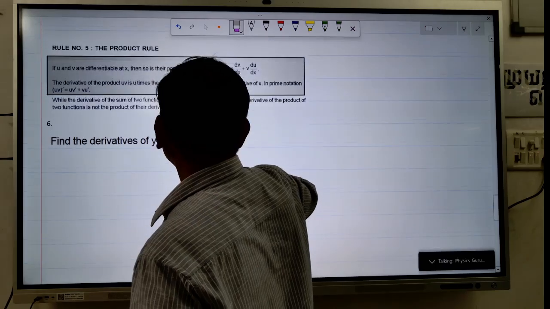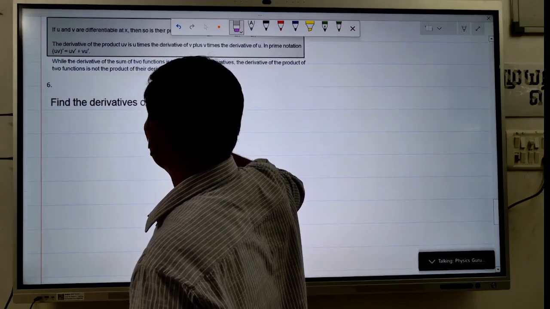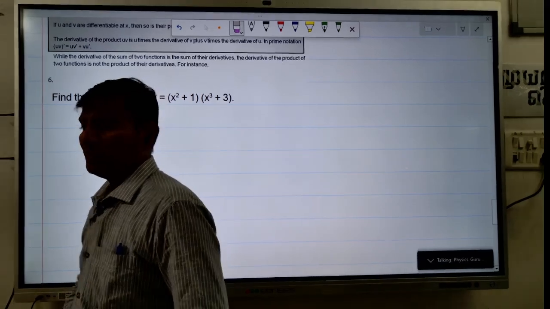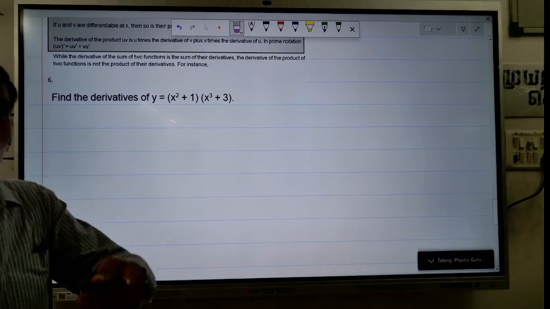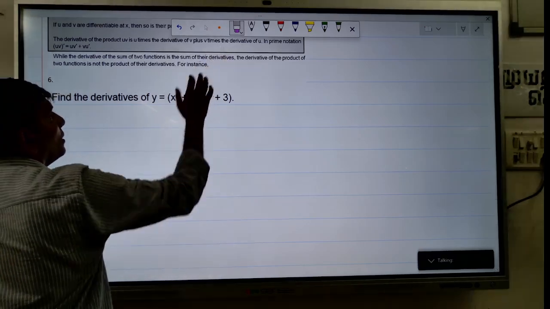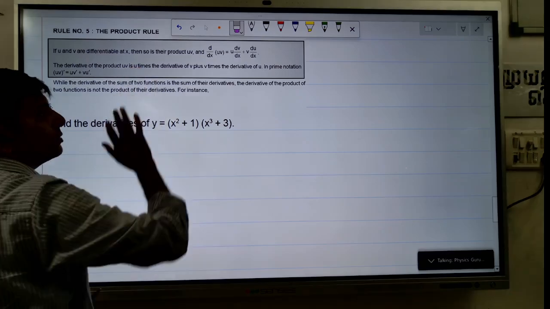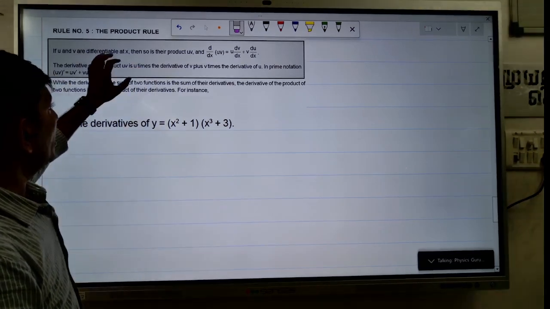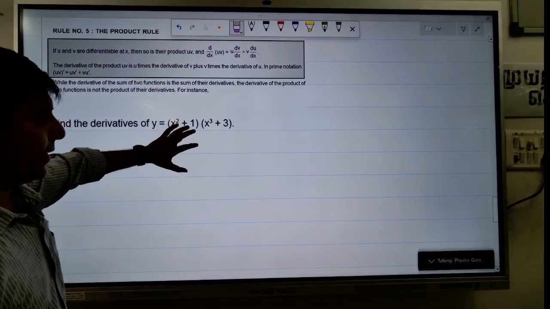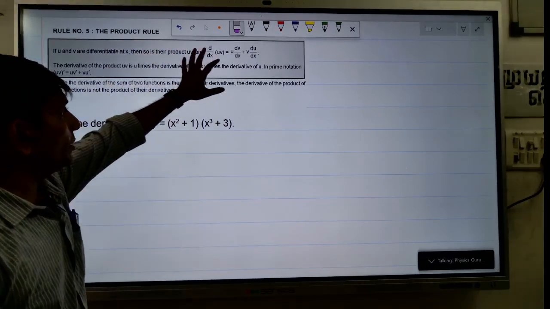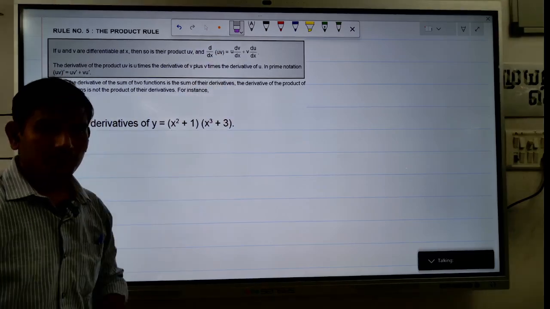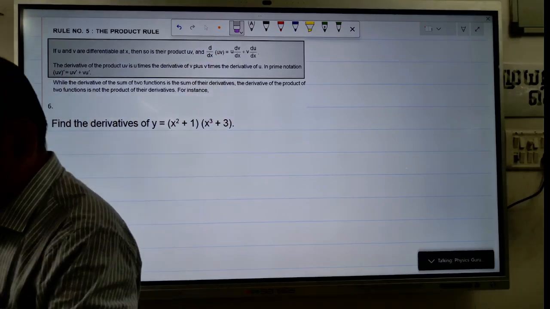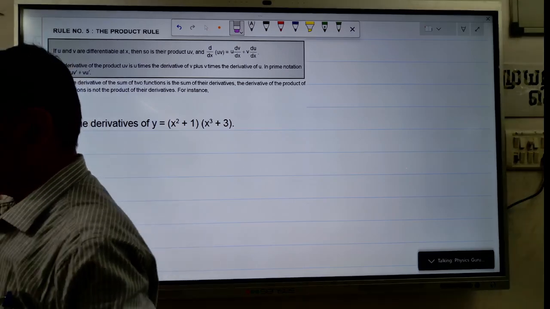And then comes here the product rule. Fine. Here is the rule given, try this rule and crack it. Read it. I'll tell you something very interesting about this rule.